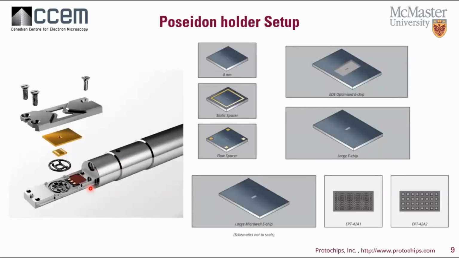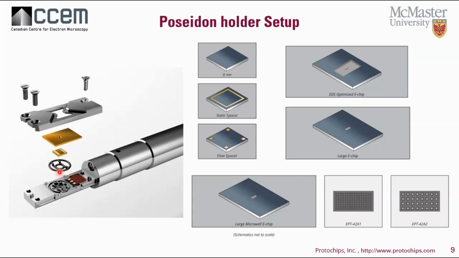So the Poseidon holder we have in the CCEM contains 3 integrated liquid ports with 2 inlets and 1 outlet. This design enables the user to choose between static and flow experiments using only one holder. Electrical contacts are embedded into the holder, enabling options like heating or electrochemistry capabilities.